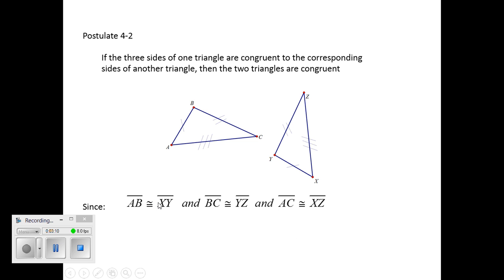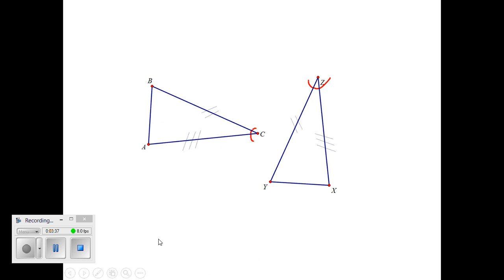So since the corresponding sides, as labeled here with the hash marks, are congruent, the two triangles are congruent. And make sure that however you order this, A, B, C, the first two letters AB match up with the first two letters XY, which is saying side AB equals XY. So this is the SSS postulate, okay?